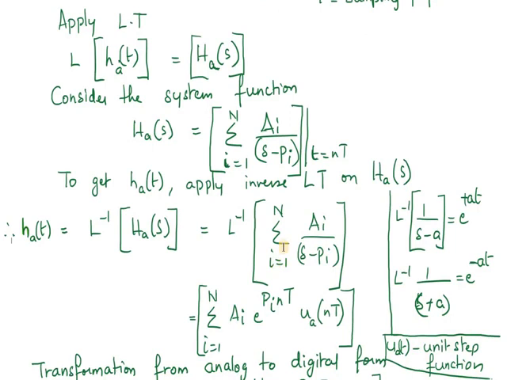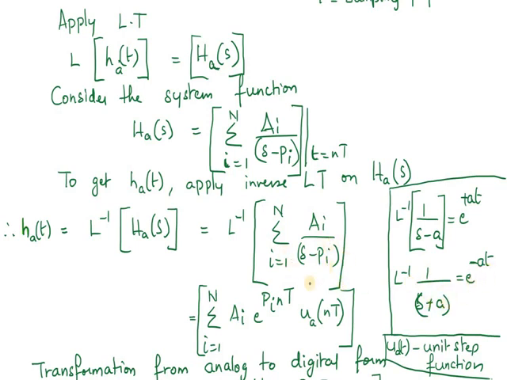So we apply the inverse Laplace transform and get the Laplace inverse of summation i equal to 1 to N, Ai divided by s minus Pi. We have the standard results: the Laplace inverse of 1 by s minus a is e raised to plus at, and the Laplace inverse of 1 by s plus a is e raised to minus at.